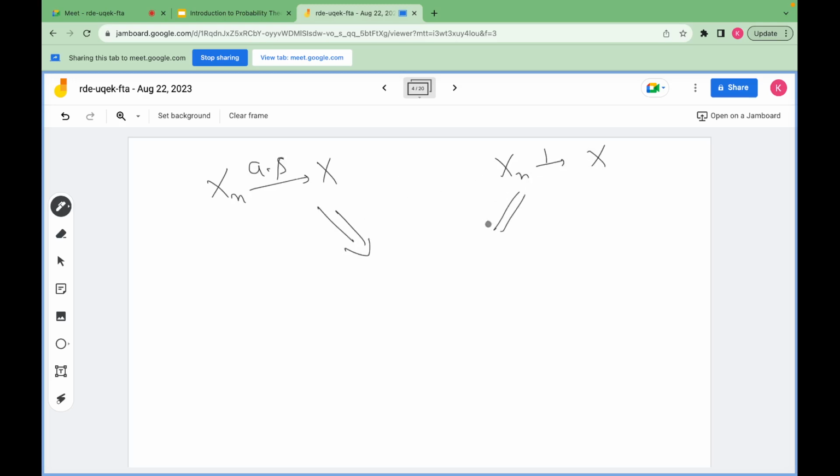These both imply that Xn converges in probability, and this implies that Xn will converge to X in distribution. This is the first moment. Okay, so this is an important chart.